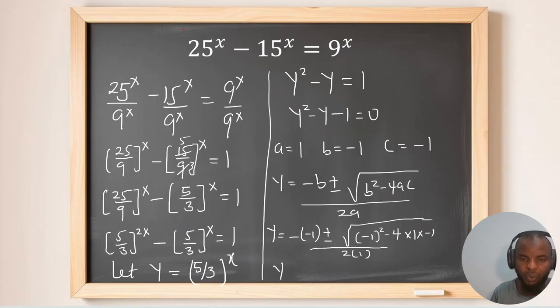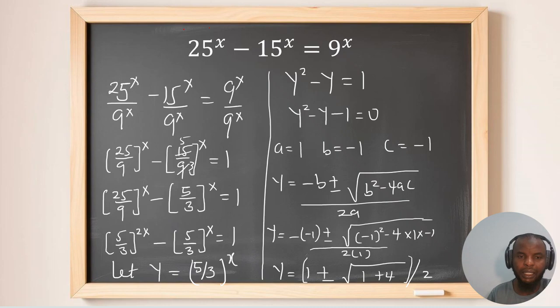So here I'm going to have y equals 1 plus or minus the square root of negative 1 squared, which is 1, minus 4 times negative 1, negative times negative is positive 4, everything divided by 2a, which is 2.